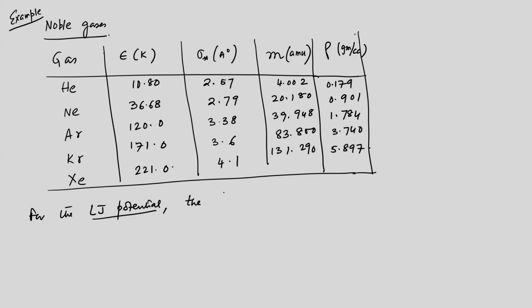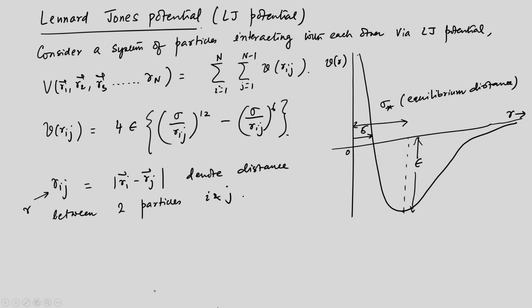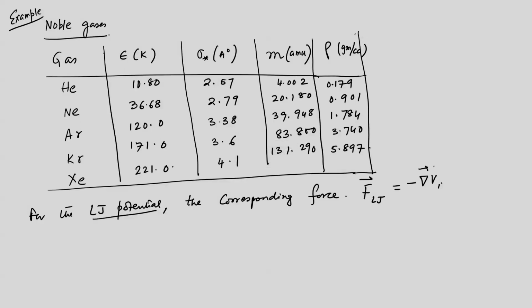the corresponding force, which is given by let us call it F_LJ, which is equal to minus grad V, on the ith particle with positions R_1, R_2, ..., R_n, is given by, let us write Lj here and the i here.